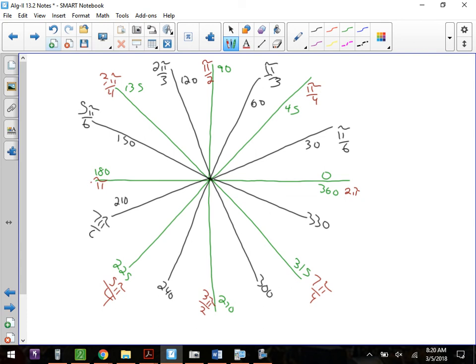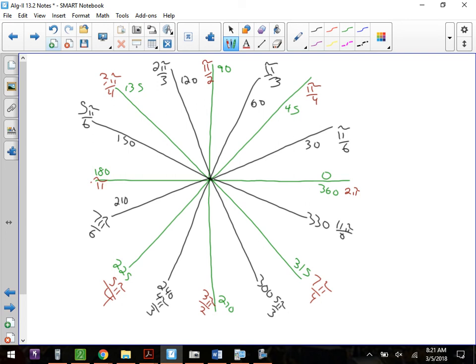7/6. 8/6. 9/6. 10/6. And 11/6. Because that gets me to 12/6. So every one of those, every 30, 60, 90, 1/6, 1/6, 1/6. You're just adding a sixth on your way around.